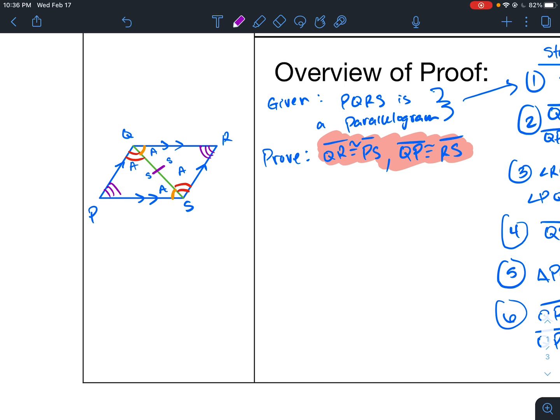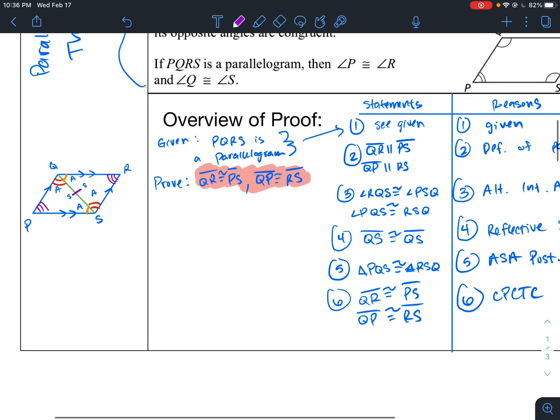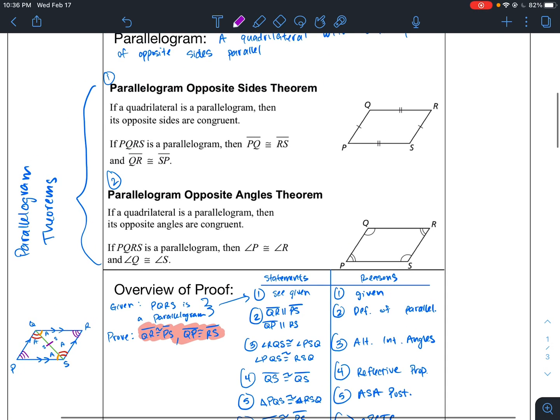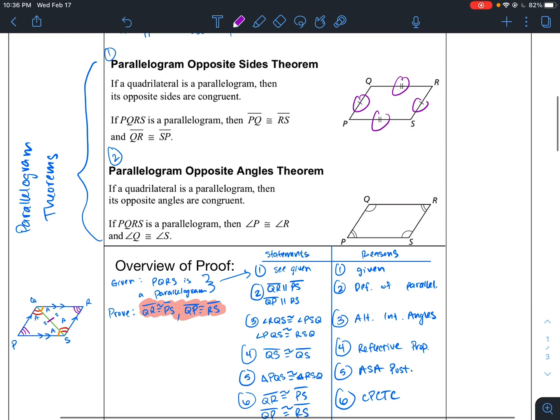We have to do just a little bit more proving to prove that these angles right here are congruent, but that wouldn't be too hard to prove, because we know first of all that these are congruent and these are congruent, and so their sums would have to be congruent as well, thus making the angles congruent. So that's pretty much the proof of showing why the opposite sides of a parallelogram are congruent.